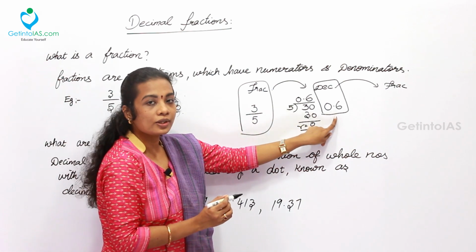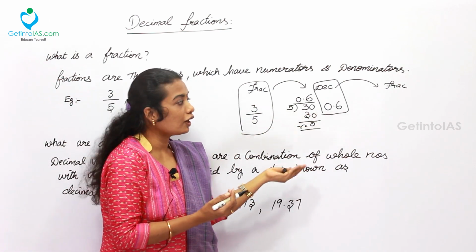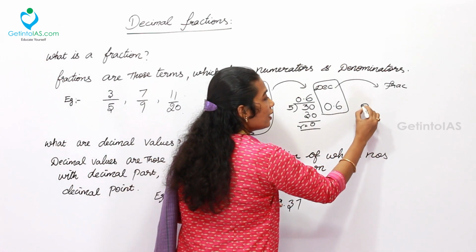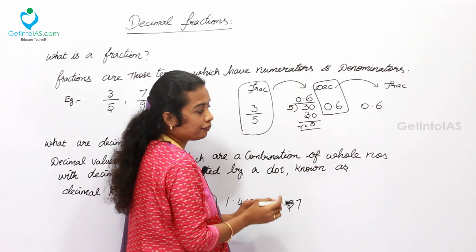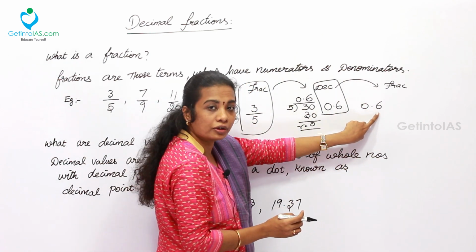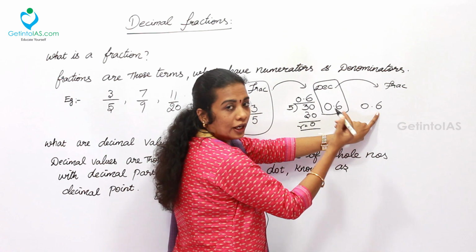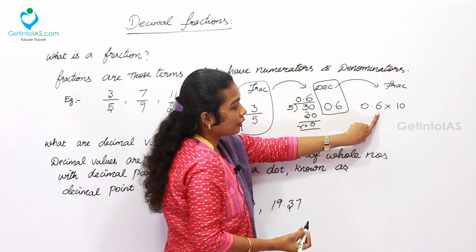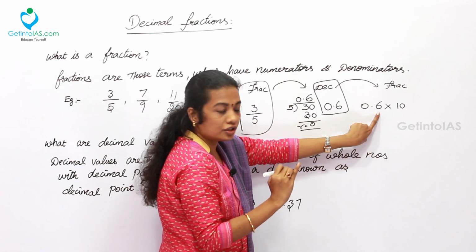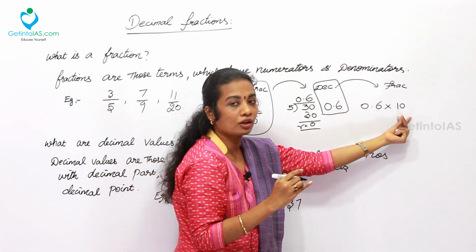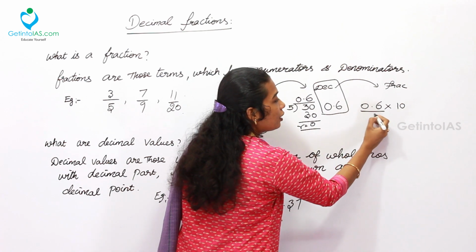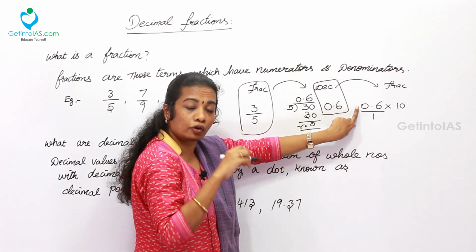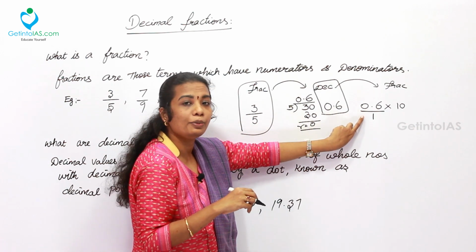Again, how do we convert this decimal value back into the fraction 3 by 5? Exactly, take 0.6. How many digits are there after the decimal point? That decides the multiplier. Here there is only one digit, so I take 10 to the power 1, which is 10. Any number can be written in the form of a fraction where the denominator is 1.